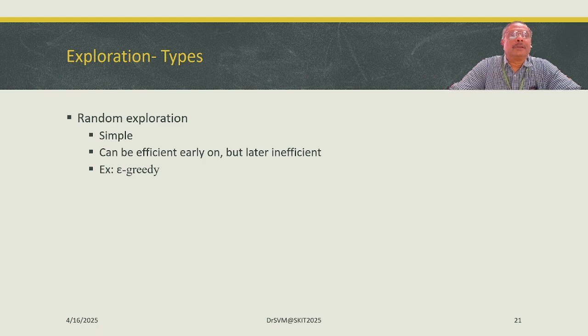Just take up any action randomly from the given action set and act upon it. It looks efficient in the early stage, but as we keep moving, it becomes more and more inefficient. So what we can do is try to use an algorithm like epsilon greedy, where the exploration is done randomly.